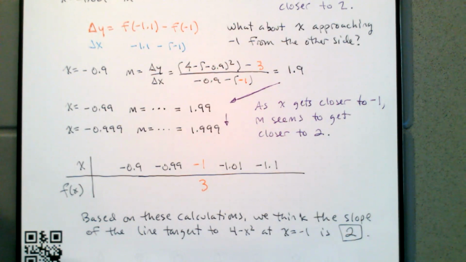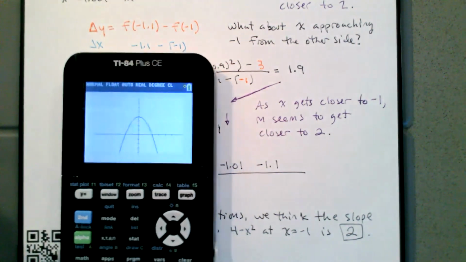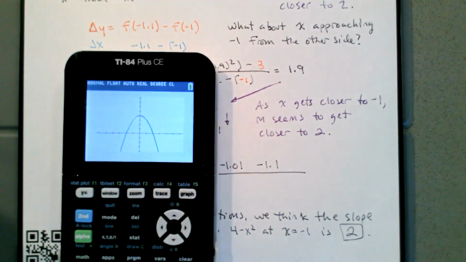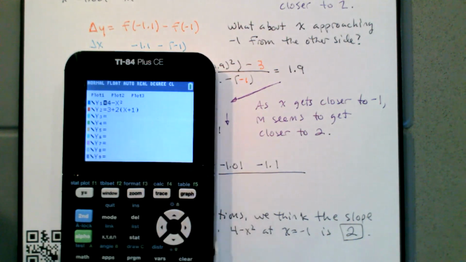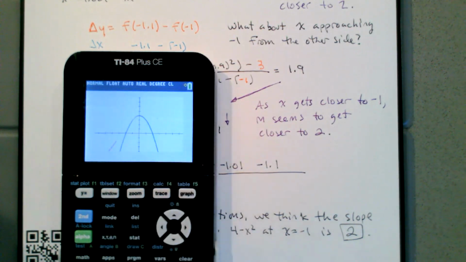So if we check that out, if we look at the graph of 4 minus x squared, and then we put in the equation of the line through the point -1, 3 with a slope of 2, we can see that they'll intersect at just one spot.